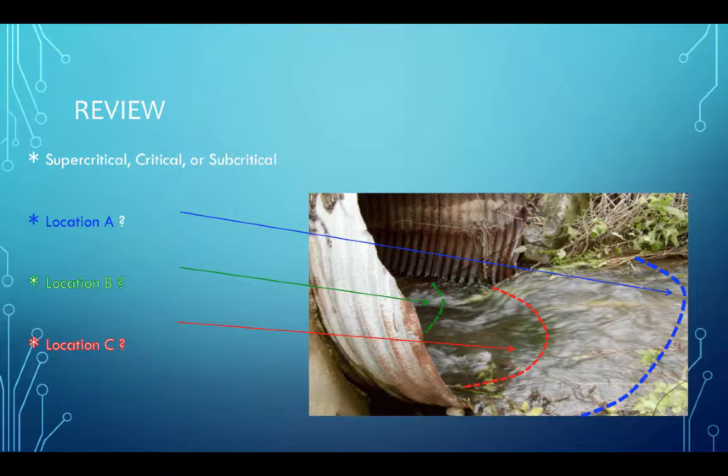At location C, the red line, rough guess of where critical depth is occurring. And location B, we have just passed under critical depth, we're supercritical, and it's likely headed on towards a jump somewhere downstream, not in the figure. So all three flow regimes can actually occur quite physically close to one another.